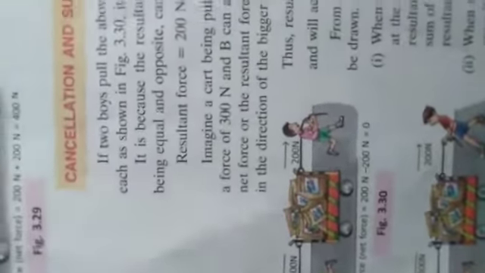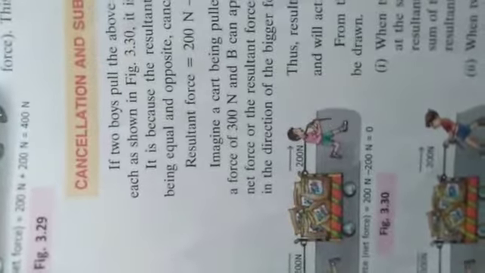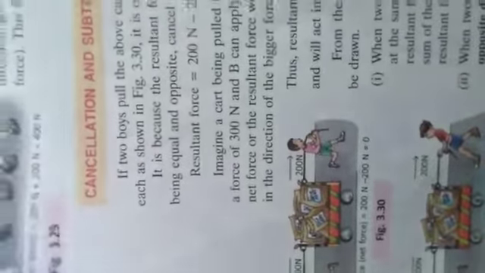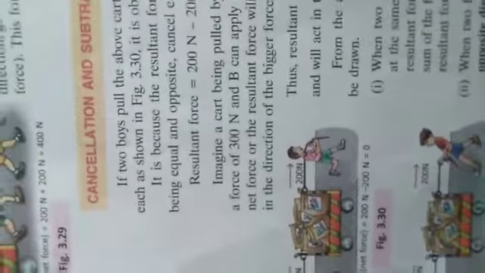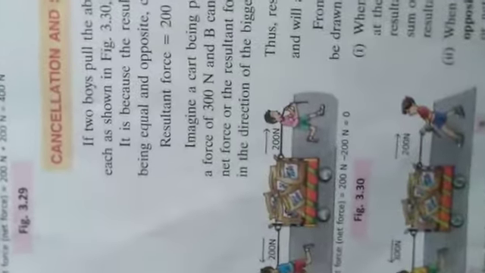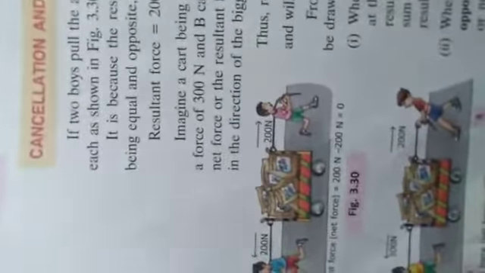From the above examples, we can conclude that when two forces are applied on the same body at the same point and in the same direction, then the resultant force is equal to the sum of the two forces. And when the two forces are applied at the same point but in opposite direction, then the resultant force is equal to the difference of the two forces.